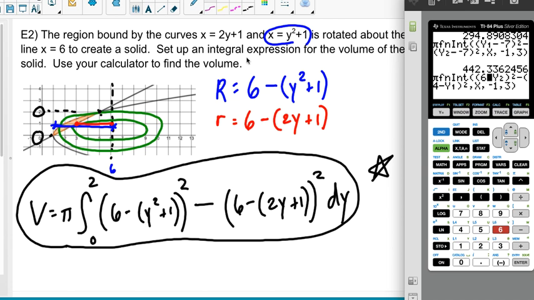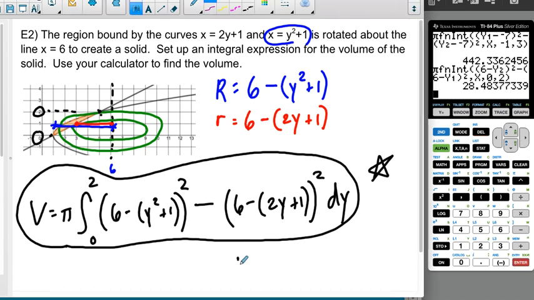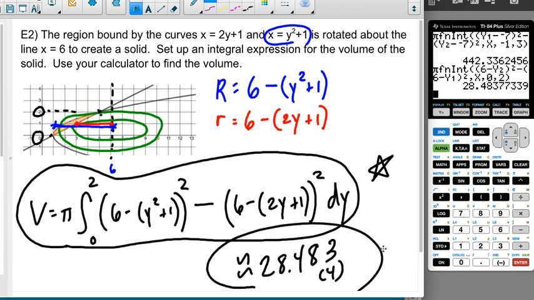So 6 minus the thing I called y2, that checks out, minus, this will be a 6 minus the thing I called y1, so that checks out. And then my bounds, instead of being a -1 to 3, are, I believe, a 0 to 2. And then I delete a parenthesis, right? And that looks like that should be it. So I get that this is approximately 28.483 or 4, depending on if you round or truncate, and you also need that, right? Cool. Moving on.